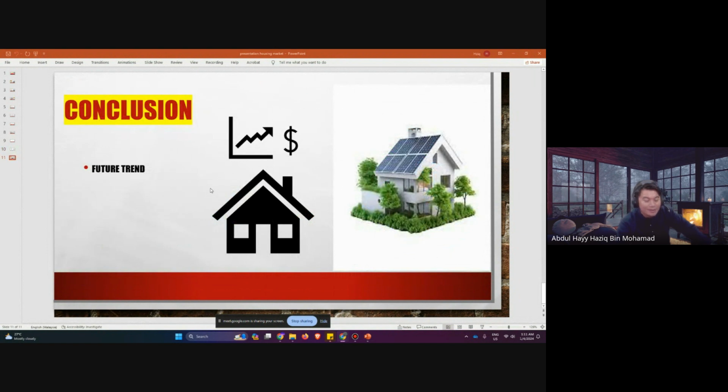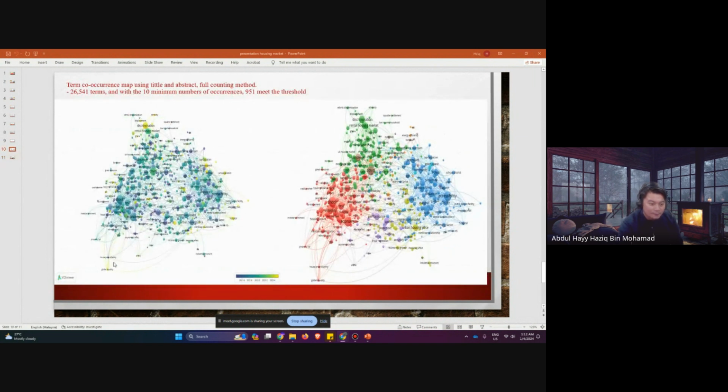So we can say that in terms of new trends that can be done, it is innovation and the green space. We can say that people want to research on the smart house or green house concept, which is a more sustainable kind of concept.